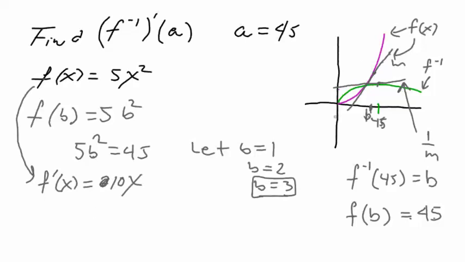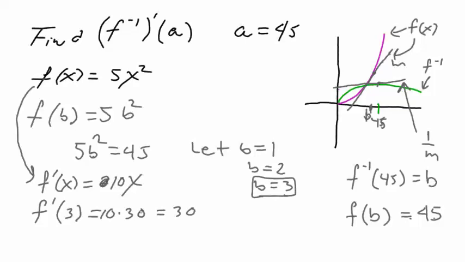Now to find the slope of this tangent line, we go f prime of b, which is 3, and 10 times 3 is equal to 30, right?